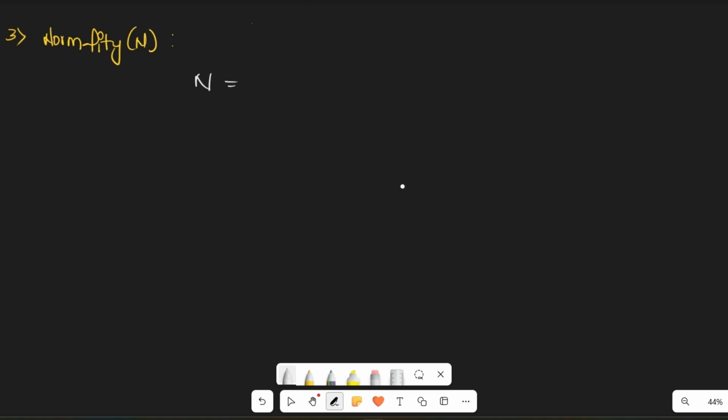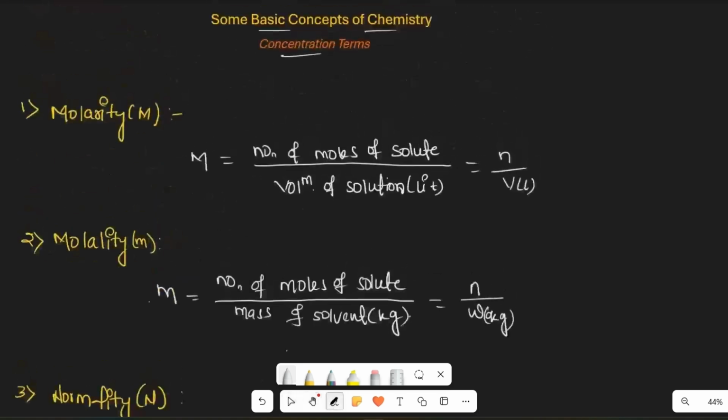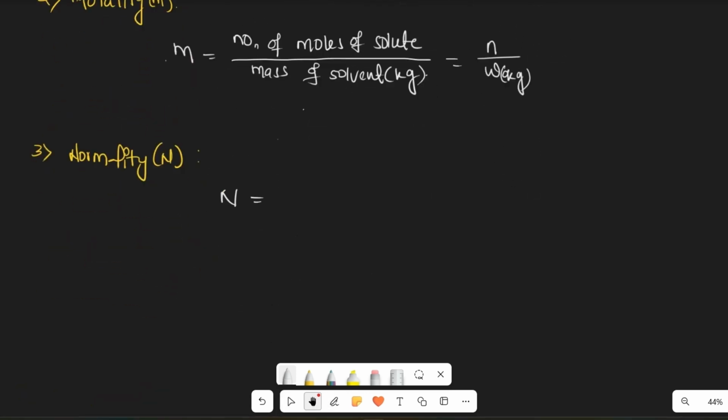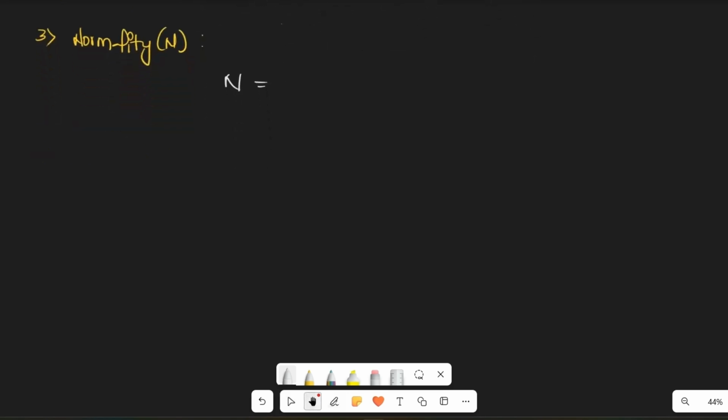Just don't remember like, if it is molarity, then W by GMW into 1000 or something like that. Just don't try to remember that. I'll tell you what exactly the number of moles is. For finding the number of moles, we have two formulas. One is given mass by molar mass, or gram molecular weight.